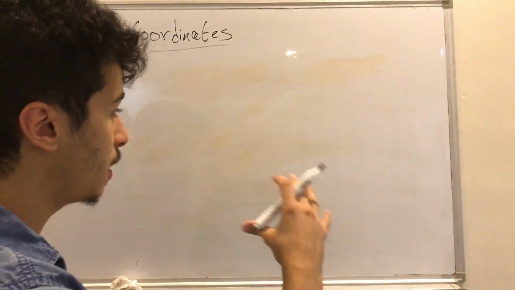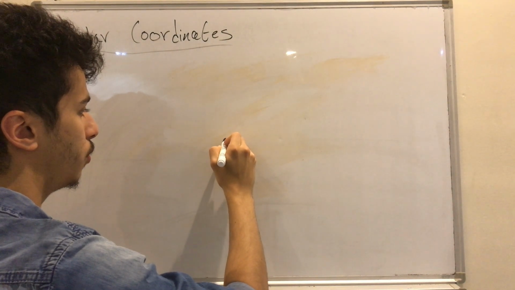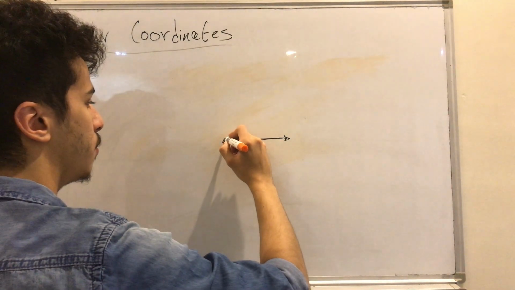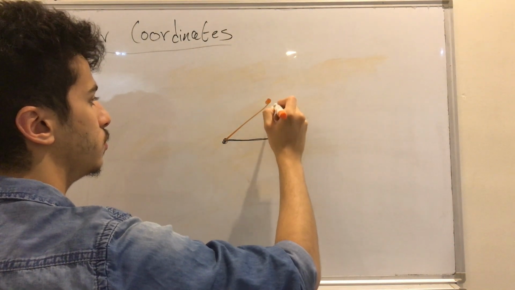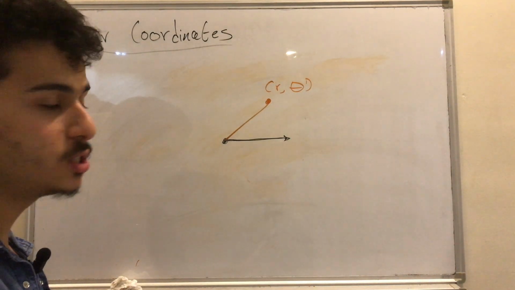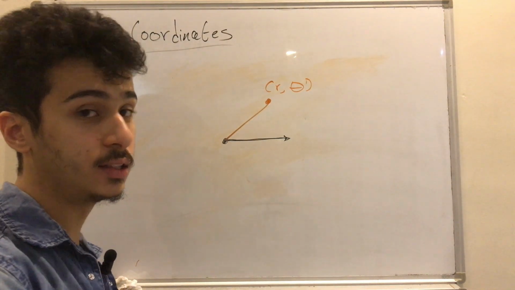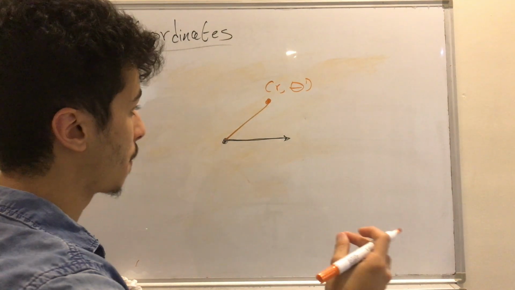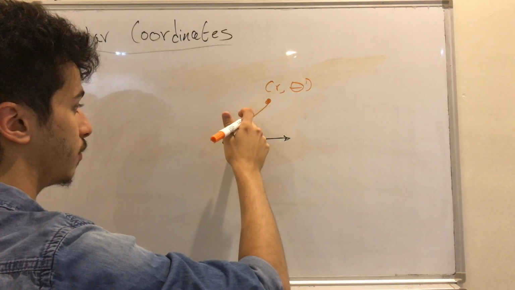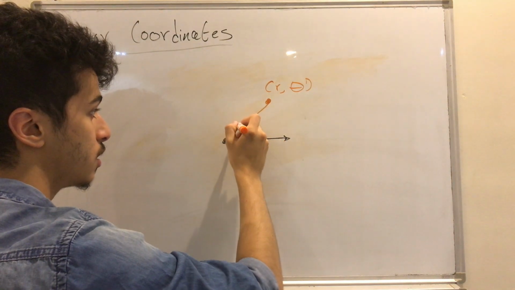Now that we've seen some examples, I want to talk about some interesting properties. Let's draw our pole and polar axis again. Say I have some point P again, denoted by r, theta. What happens if I take my theta and add an angle of 2 pi? Well, 2 pi is 360 degrees, meaning I could rotate and I'll end up in the same position.